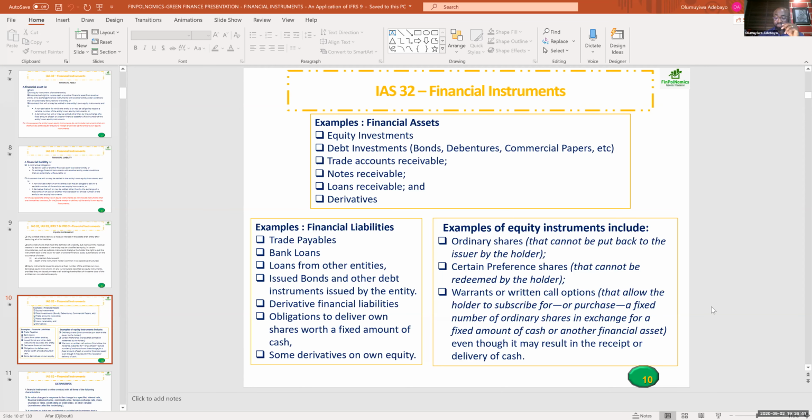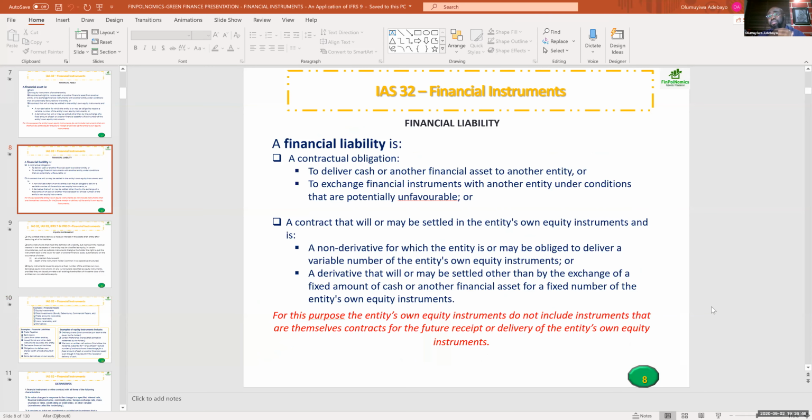Okay. Now let's briefly look at financial liability. From the perspective of the standard, a financial liability creates what we call a contractual obligation. That contractual obligation will require you to settle in cash or to settle using any of the financial assets you have at hand and deliver such to the other party. Now, the condition is considered potentially unfavorable. What does that mean?